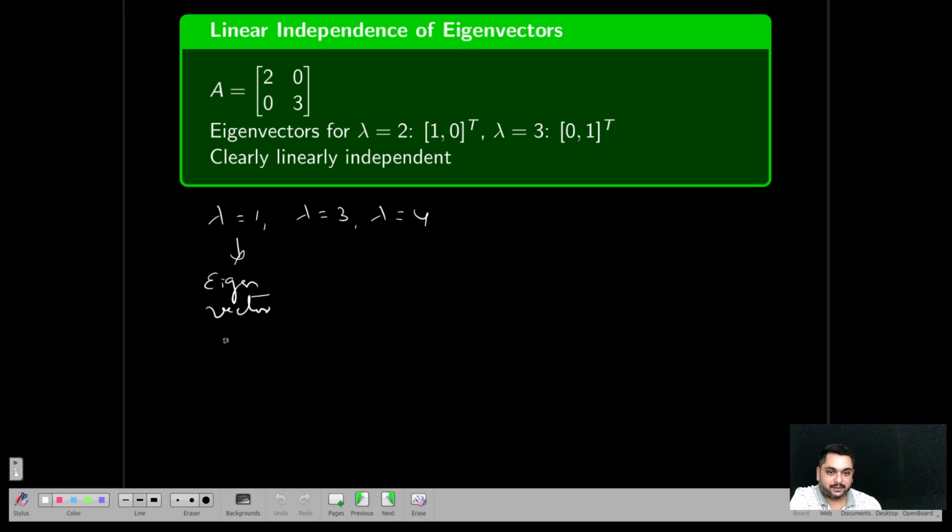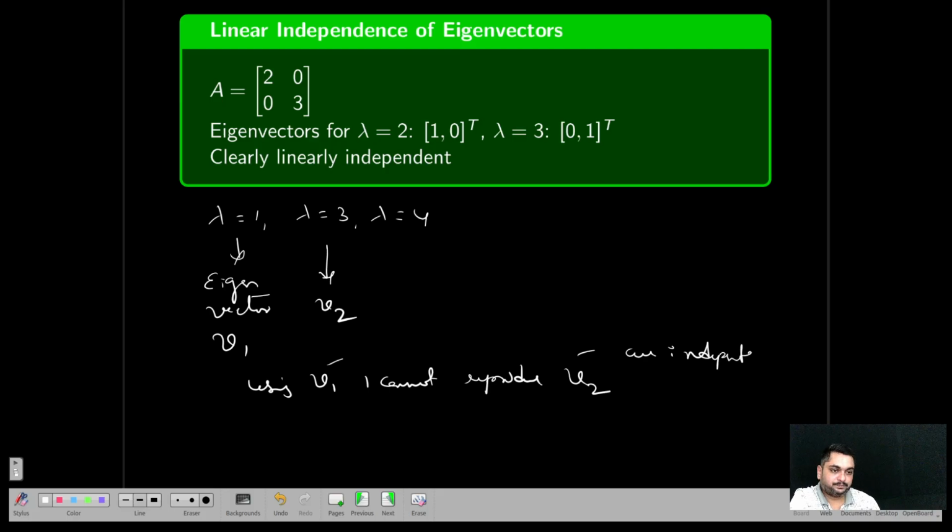Say, for example, I get eigenvector v1 for this and v2 for this. Using v1, I cannot reproduce v2. That is the meaning. That means v1 and v2 are independent. But if I can produce v2 using v1, then v2 is dependent on v1 or v1 is dependent on v2. That is what we can say.